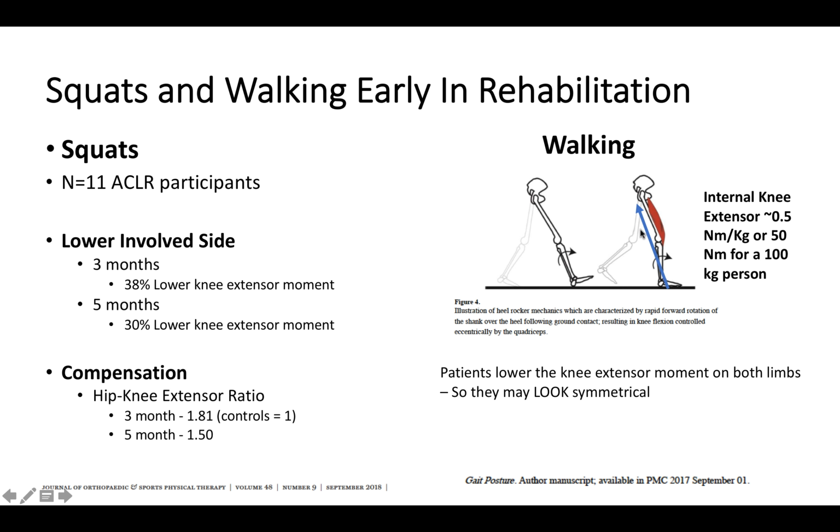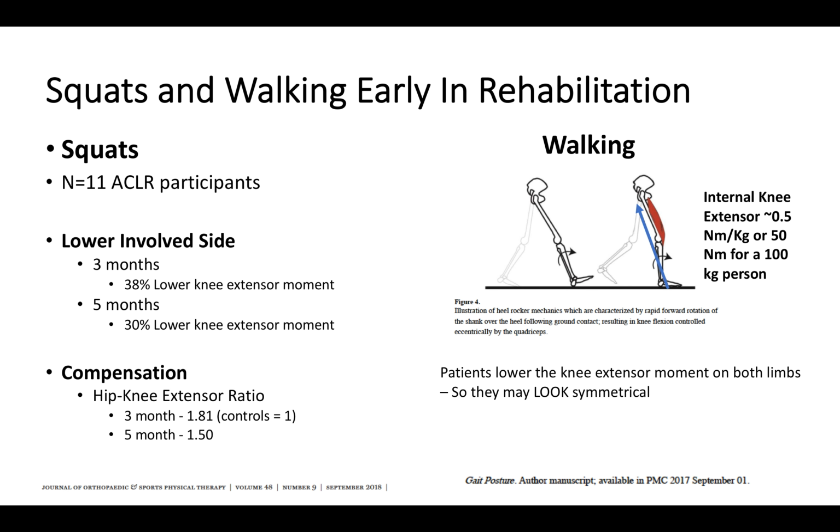Similarly, in walking, if you record 3D motion analysis of ACL deficient patients walking, at foot flat of the gait cycle we would normally see a posterior ground reaction force that would cause an external knee flexion moment. The response would be an internal knee extension moment, and this extension moment is decreased in patients with ACL reconstructed knees.